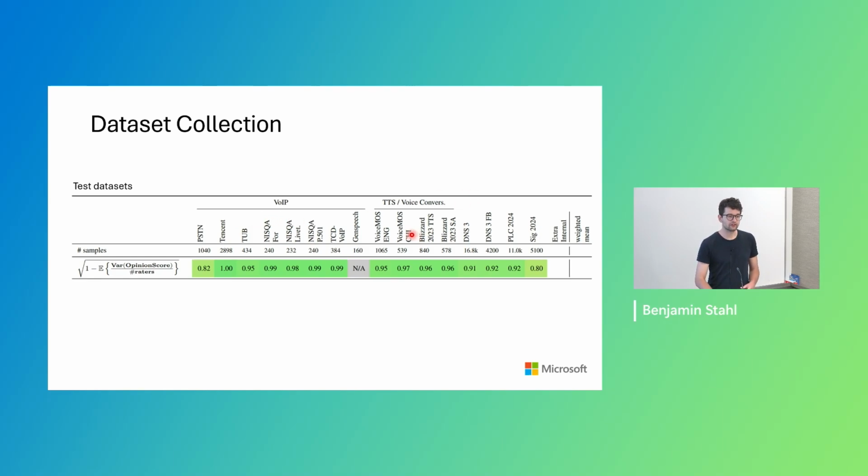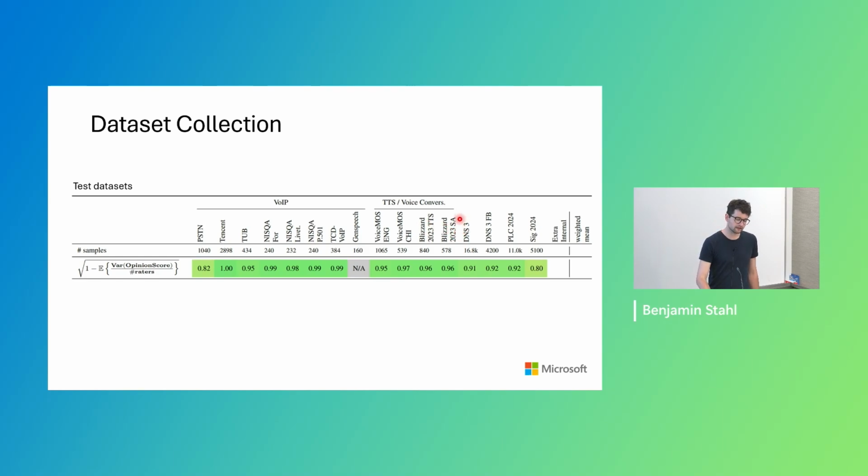I also used text-to-speech labeled MOS data. So there's an English and a Chinese data set, and also French. This is from the Blizzard challenge, French text-to-speech and voice conversion.